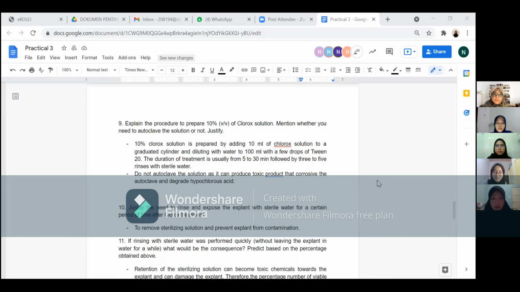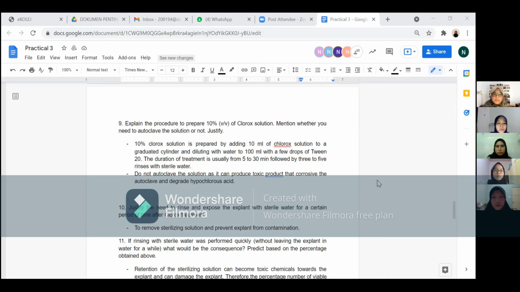Okay, why do we not autoclave the Clorox solution? Because Clorox solution can produce toxic products that corrode the autoclave and also degrade the hypochlorous acid.